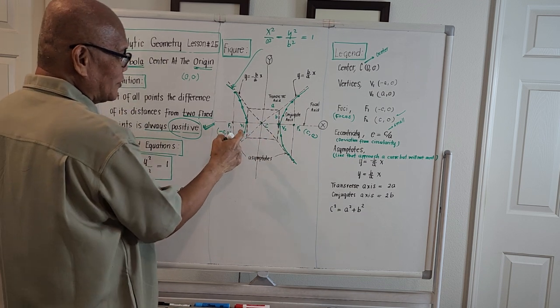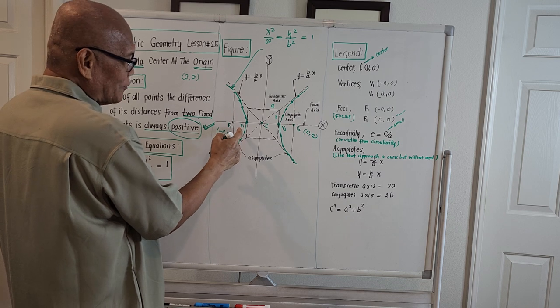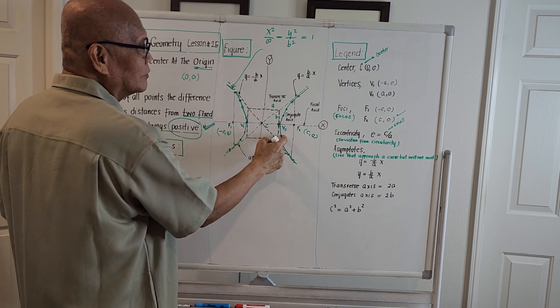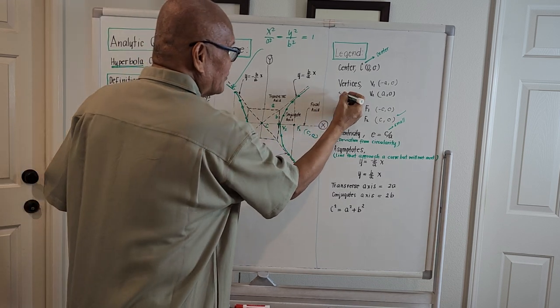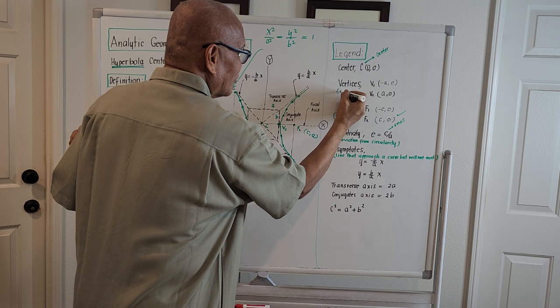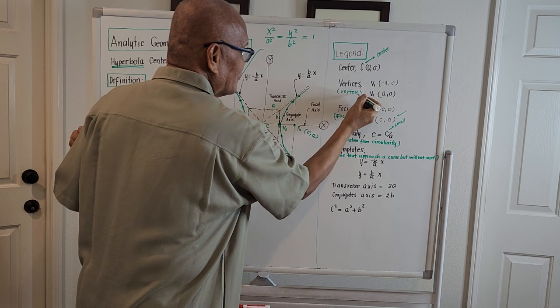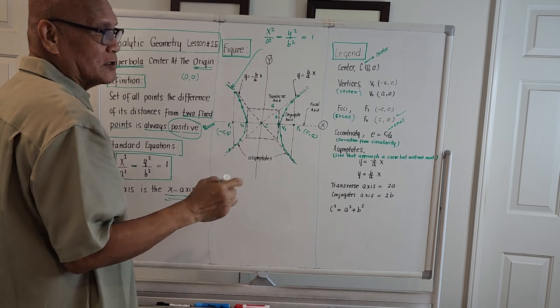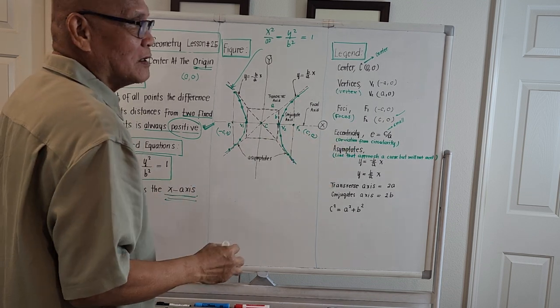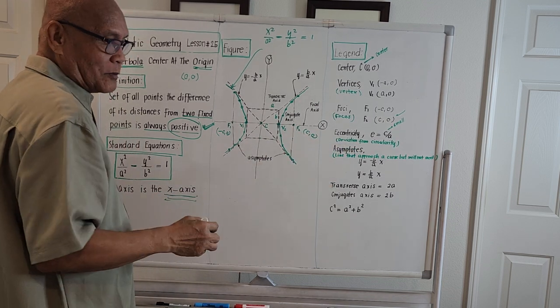So if we try to specify the coordinates of vertex number 1 and vertex number 2, these vertices here are actually plural, coming from the word vertex. If we see vertex, it's singular. So if we see vertices, that will be the plural form.